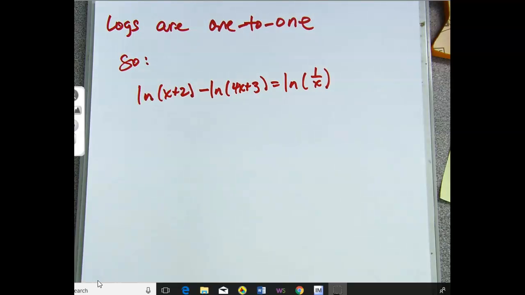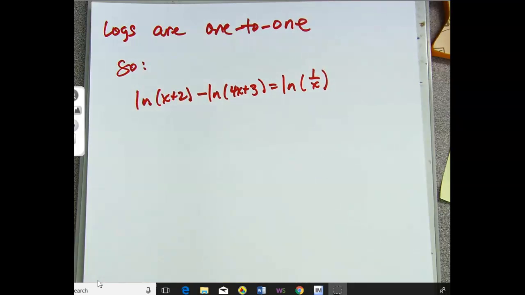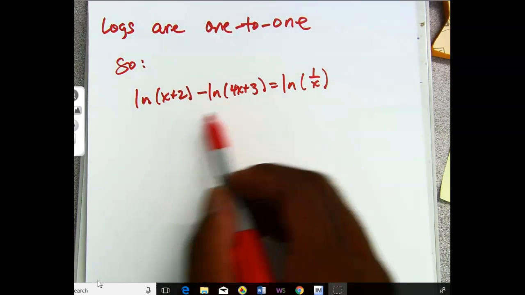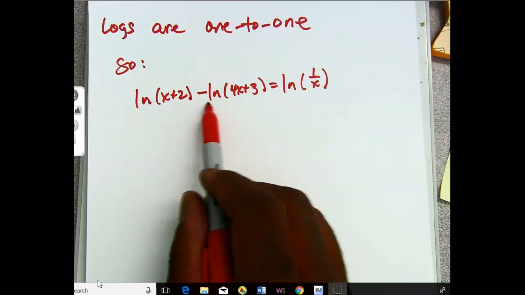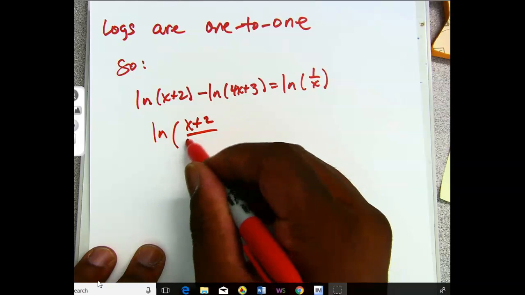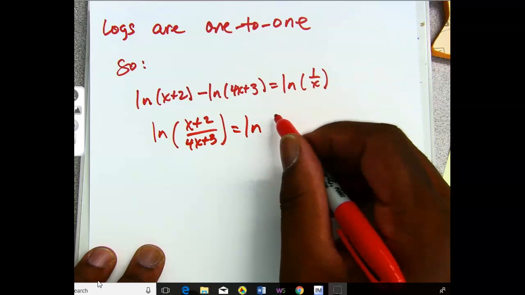Because these are one-to-one functions, I can just equate the values. Same thing with e: when we had the same bases, we just set the exponents equal to each other. We can do the same thing here. I don't have to write it as an exponent, but I do need to condense this one. Log of A minus log of B is log of A over B, and that's equal to the natural log of 1 over x.